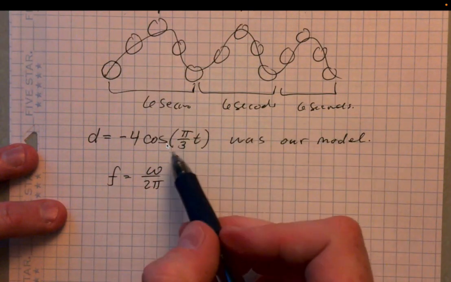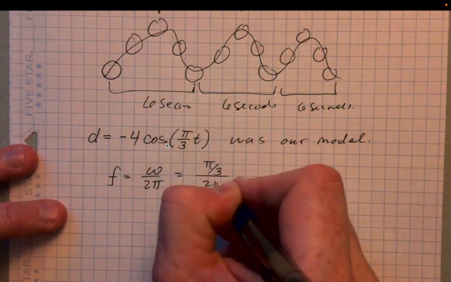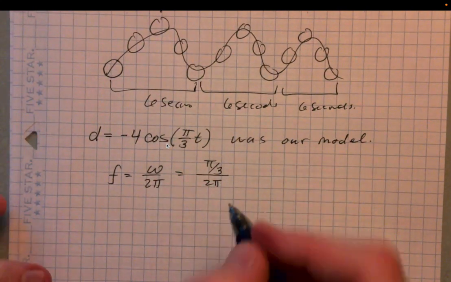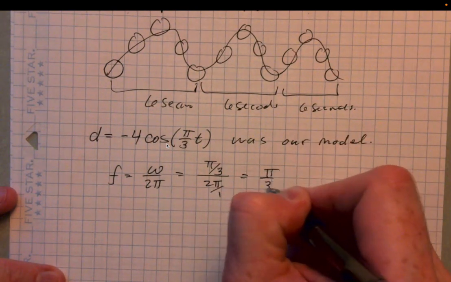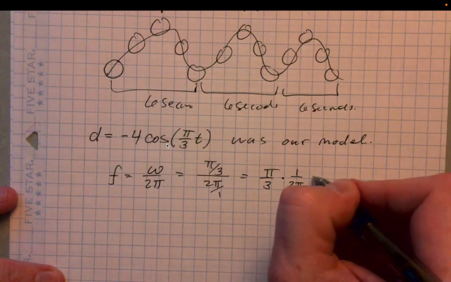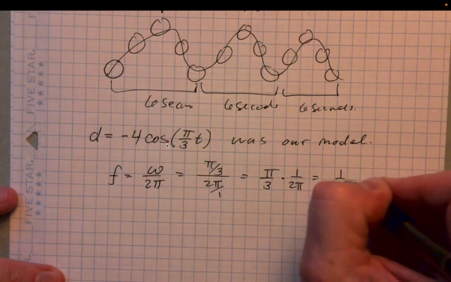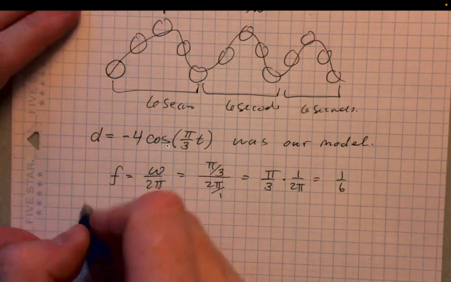Omega was pi over 3, and we're dividing that by 2 pi. You can think of 2 pi as being over 1, so we can simplify this as pi over 3 times 1 over 2 pi. The pi's will cancel, and you get 1 over 6. So the frequency here is 1/6 of a cycle per second.